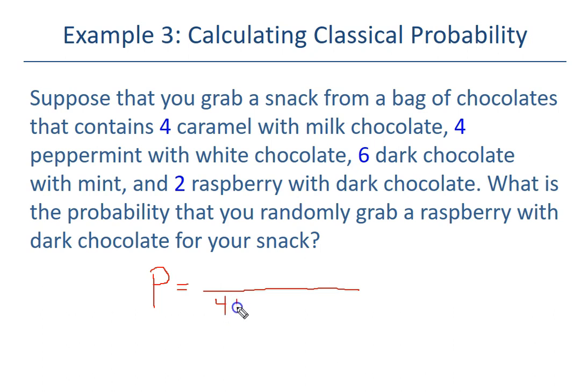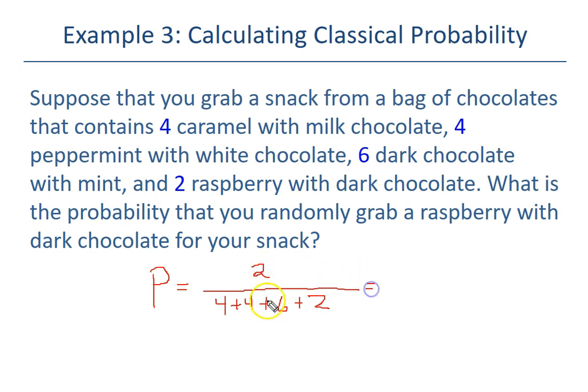So it'll be 4 plus 4, this 4, this 4, and then plus 6, plus 2. This is your sample space. Now, what event are you looking for? You're looking for raspberry with dark chocolate. How many of those? 2.